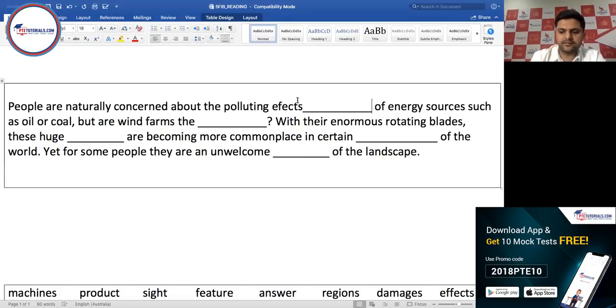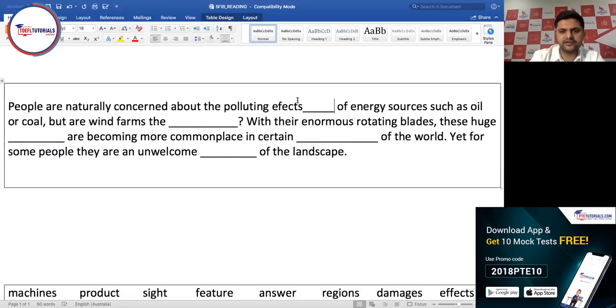So people are naturally concerned about the polluting effects of energy sources such as oil or coal. But are wind farms the blank? Are wind farms the machines? Are wind farms the product? Are wind farms the site? Are wind farms the feature? Are wind farms the answer?